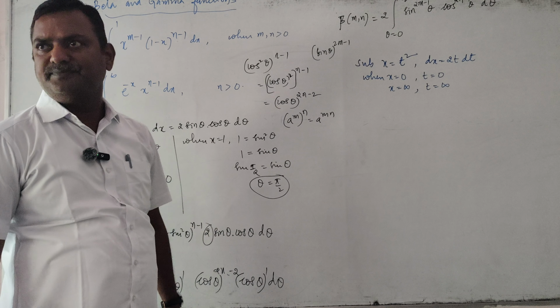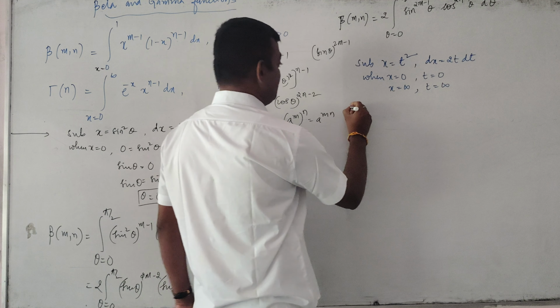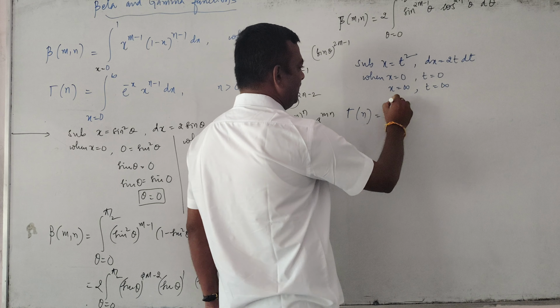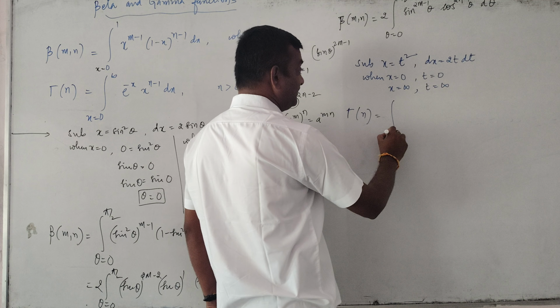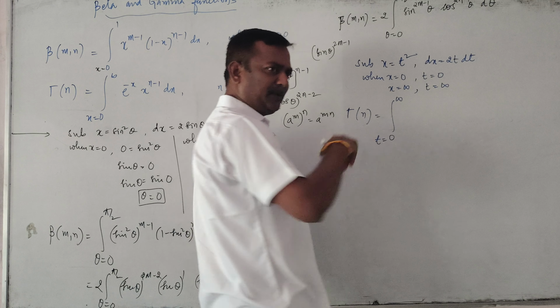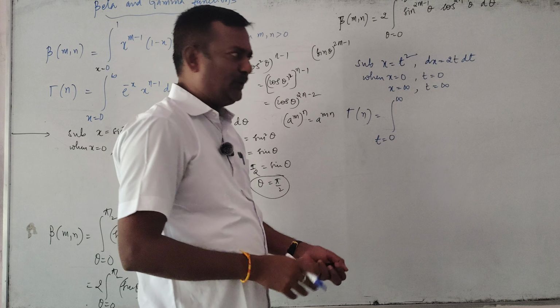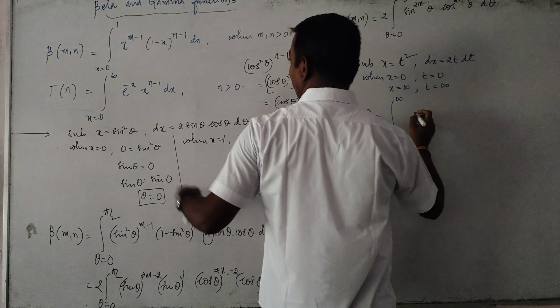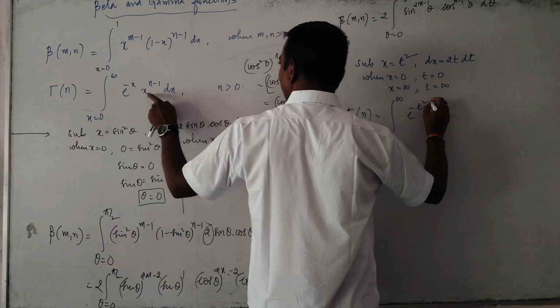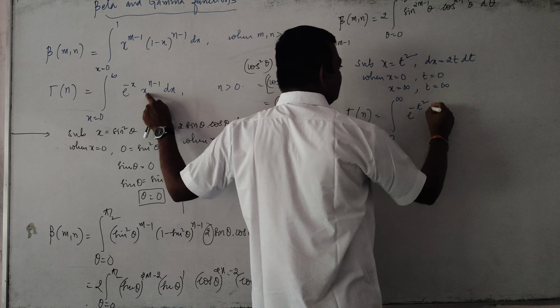When x equals infinity, t is also infinity only, because the square root of infinity is again infinity. So the new form becomes gamma of n is equal to the integral running from 0 to infinity, again, but the new variable is t here. Previously it was x, the new variable is t. Now concentrate on e raised to minus t square. What is the value of x?